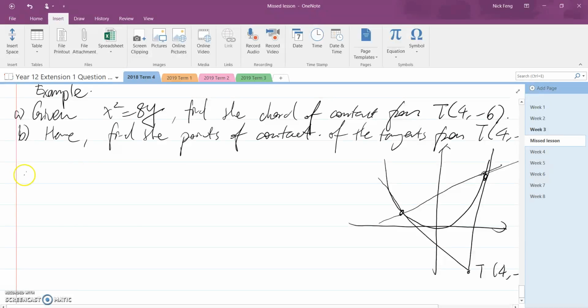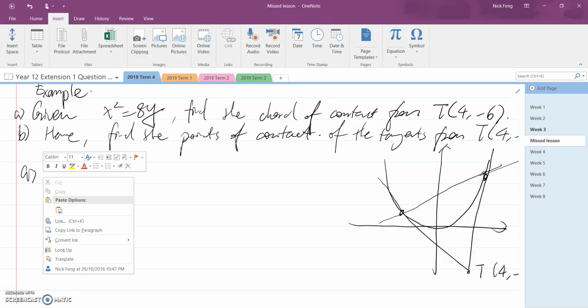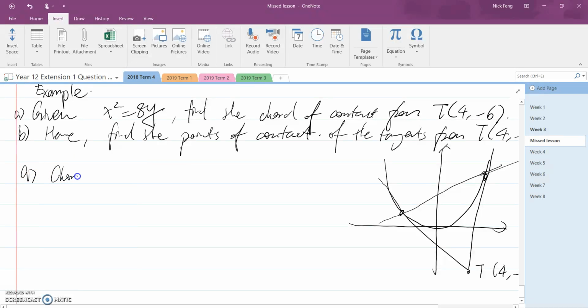So using the chord of contact formula, what do we get? Chord of contact, just substitute it in. x1, which is 4, equals 2a, 2 times 2, a is 2, by the way, and then (y plus y0). Sorry, that is your -6.